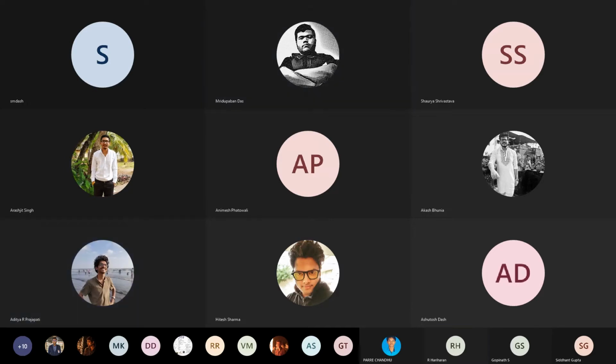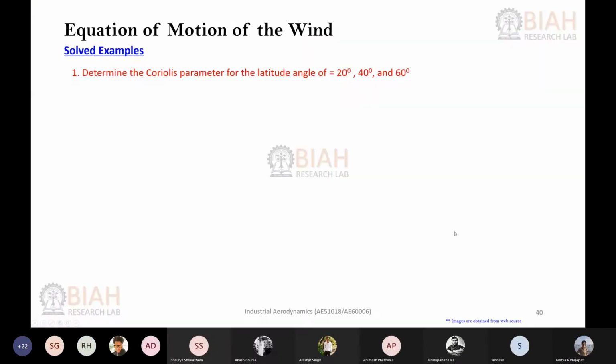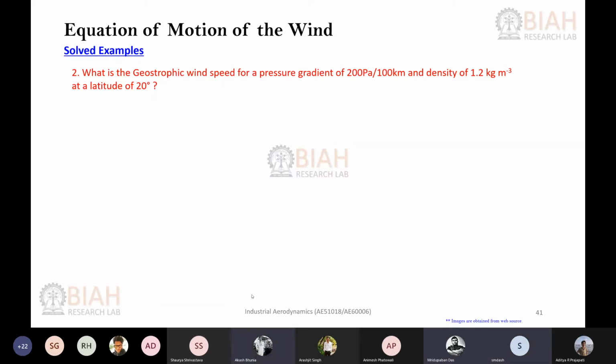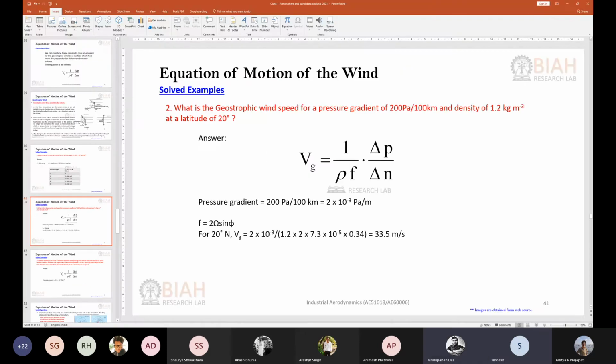Yes, sir, the density value. So 33.5 meter per second. Sorry, 33.5 meter per second.